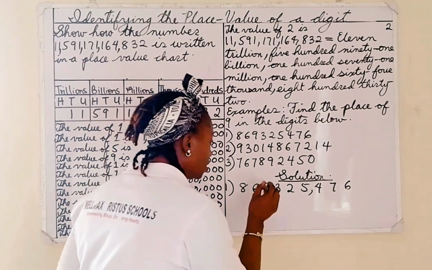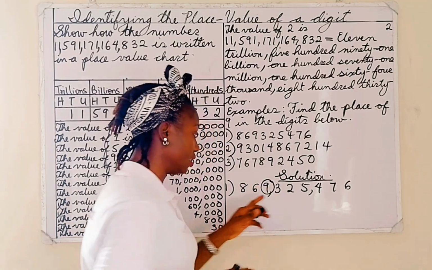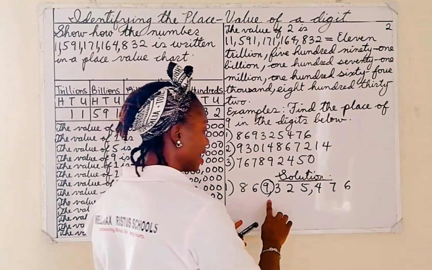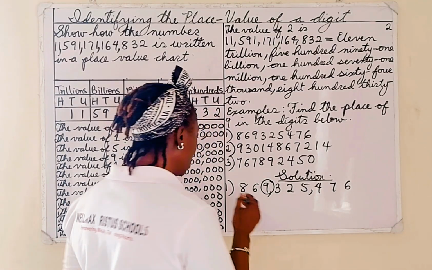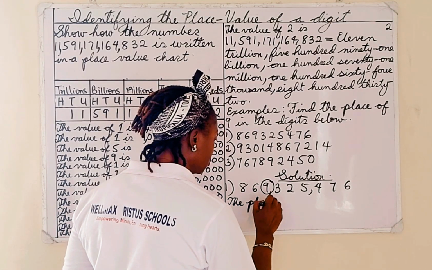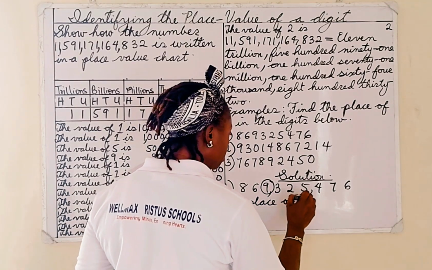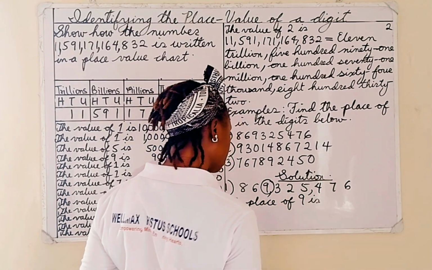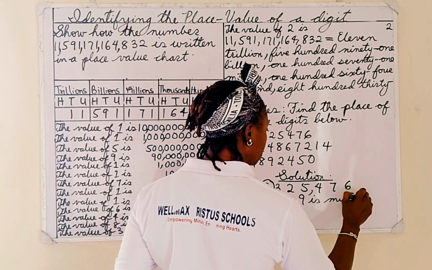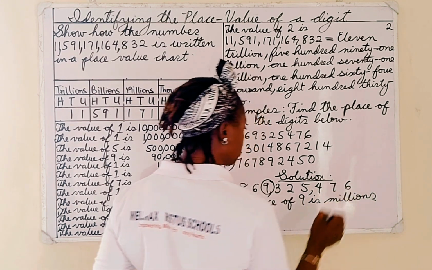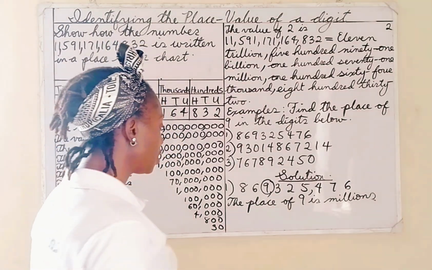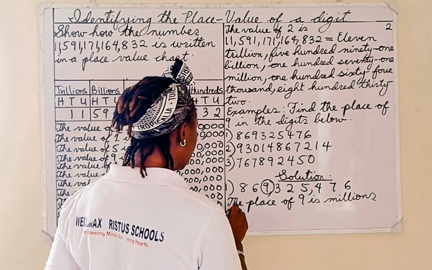So if we are to look for the place of 9 in this question, what would it be? 9 millions. The place of 9 is millions.